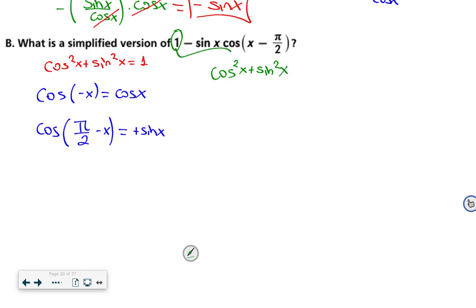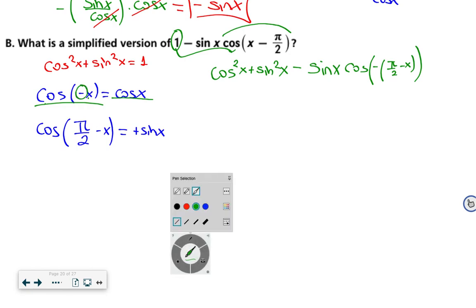Into the 1. Minus sine x times cosine x minus pi over 2. Can I write cosine minus pi over 2 minus x? Remember that cosine minus x is also equal to cosine x, which means that this negative is not going to change anything.